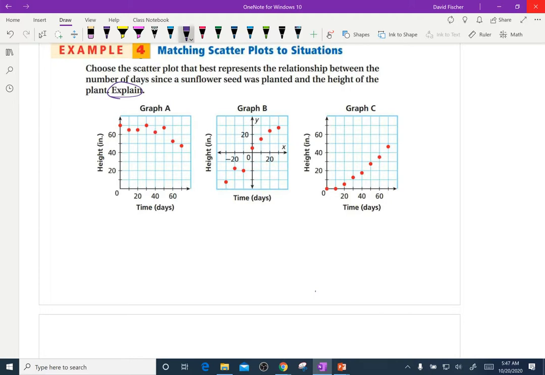Okay. So in graph A, we have a plant, and again, labels are important. So on day 0, this plant is like, what are we counting by? 10s here? 40, 50, 60. This one's 70 inches tall already. And then something must have ate it a little bit, and then it stayed there, and then it grew up. So it's kind of hovering right there around 60, 70. And so if I'm talking about a plant that was planted from a seed, it can't be that one.